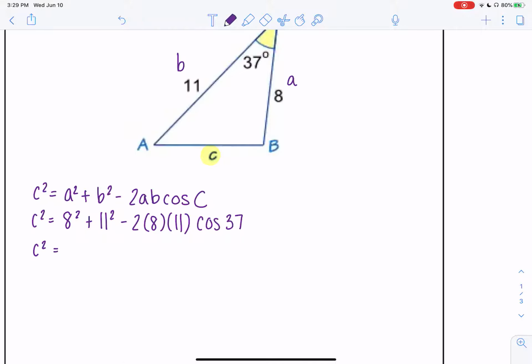I'm just going to do BEDMAS. I start with my exponents. So 8 squared is 64, 11 squared is 121, and then I do my multiplication. For this part in my calculator, I'm just writing 2 times 8 times 11 times cos 37, and I will get 140.5598.